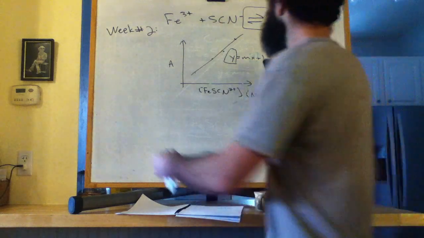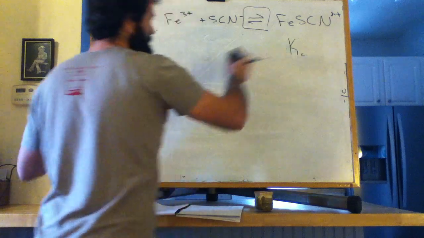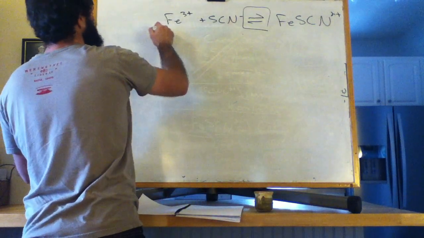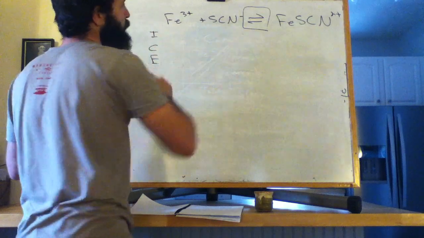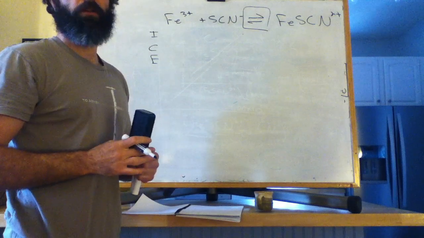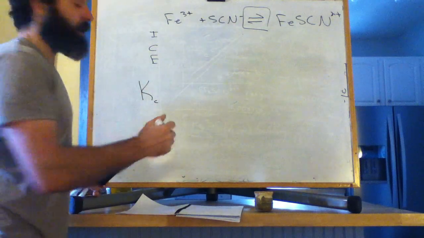Wonderful. Okay. How is that related to an equilibrium constant? Well, remember, if we know equilibrium concentrations of everything in this reaction, we could calculate the equilibrium constant. And what's that going to be?